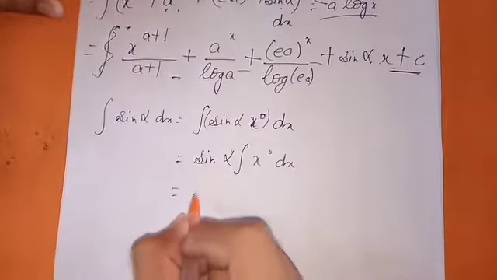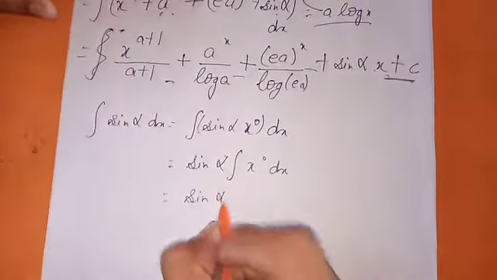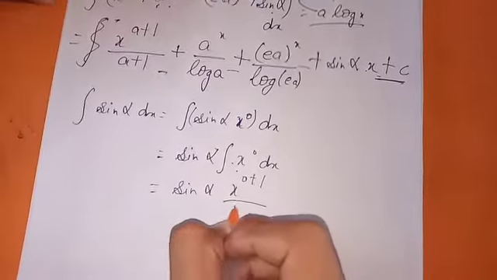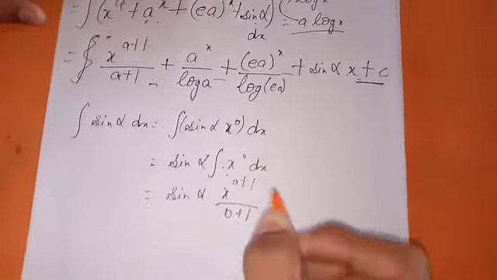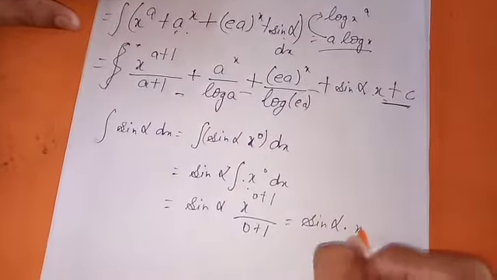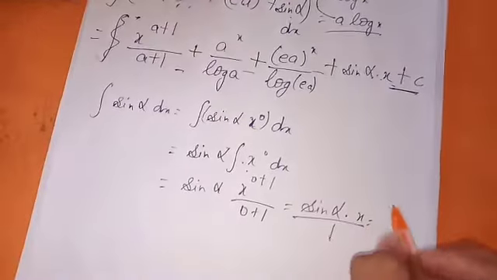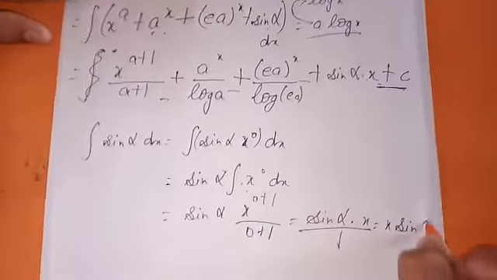Sin alpha stays as it is, and the integration of x raised to power 0 will be x raised to power 0 plus 1 by 0 plus 1. So it will be sin alpha into x by 1. So it is x into sin alpha. Okay.